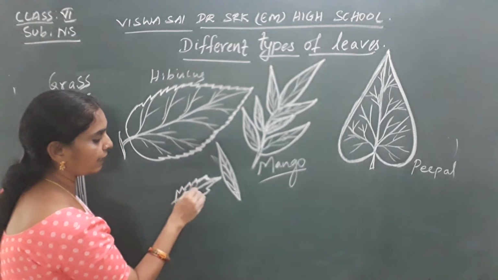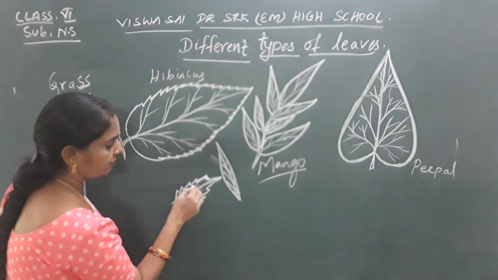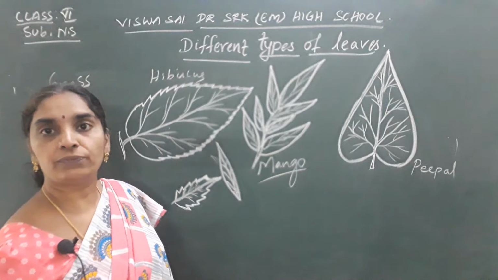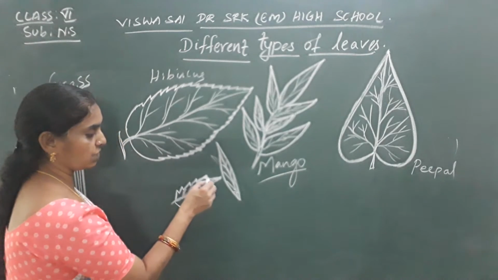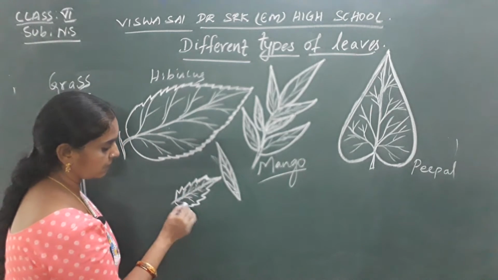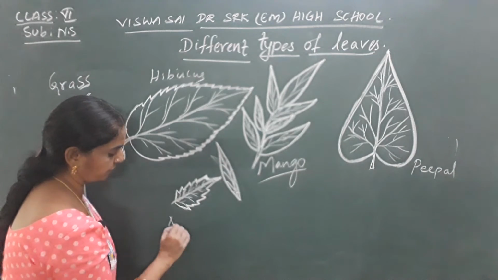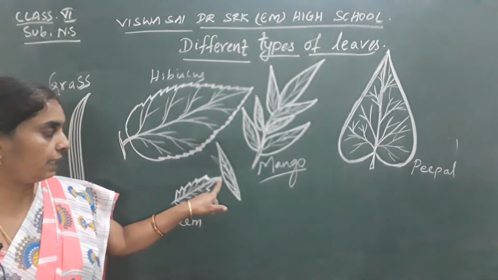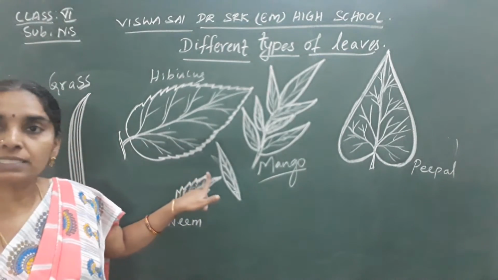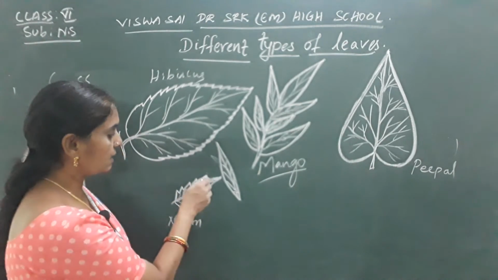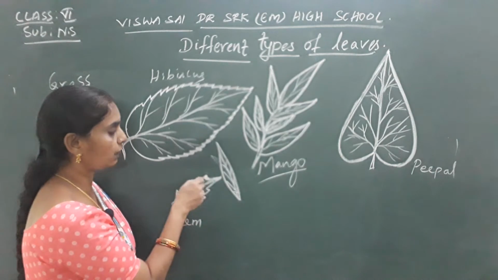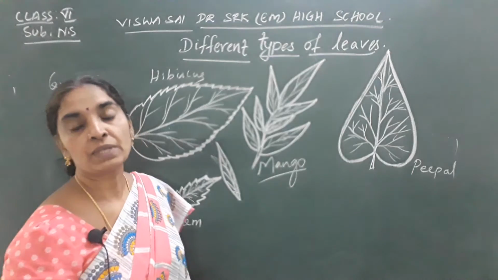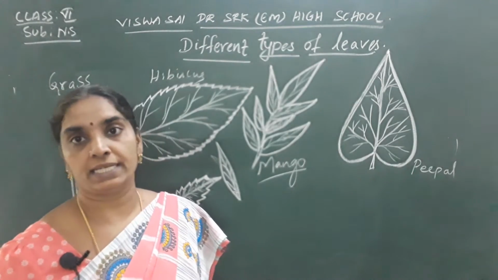And you can also find the veins are reticulate. They are arranged in the form of reticulate venation. So it has a pointed tip with the edges seen with striations. These are toothed edges, or striated. The edges are striated. Okay, children.